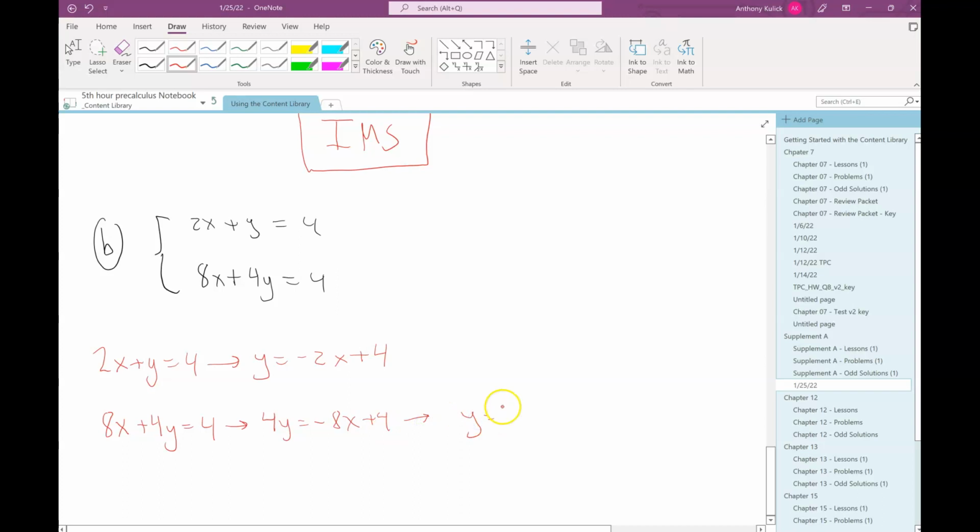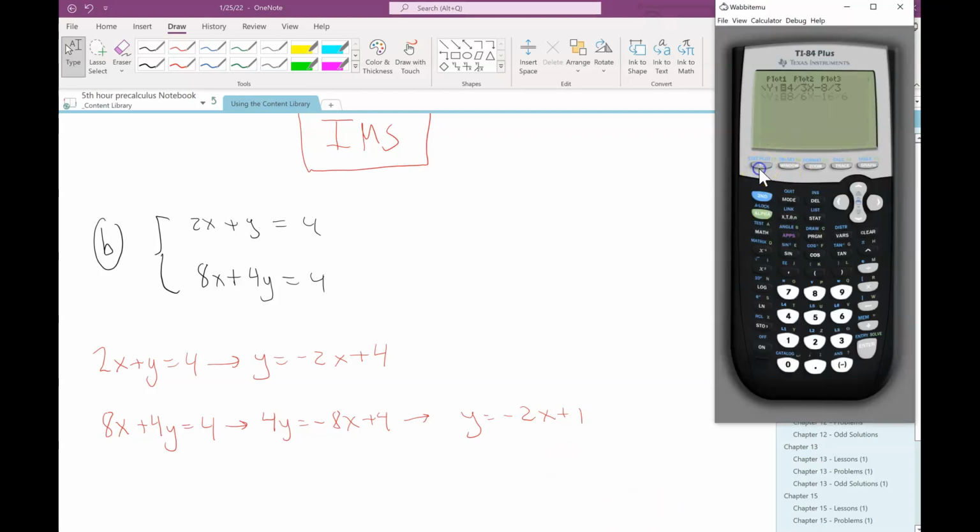And then the second one, we subtract 8x from both sides and then divide by 4. And maybe we just go straight ahead to graph this.